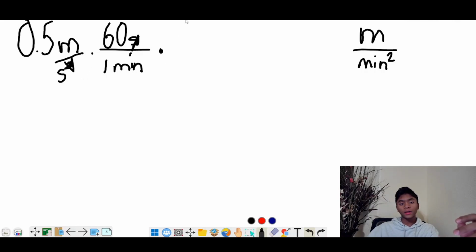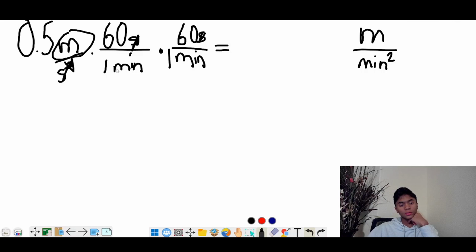So you'll multiply again by 60 seconds per minute. And now this s will cancel out with this s. And so now seconds is totally gone from the denominator, but you have minutes times minutes, so you have minutes squared. And so you're going to be left with, if you notice, meters per minute squared.